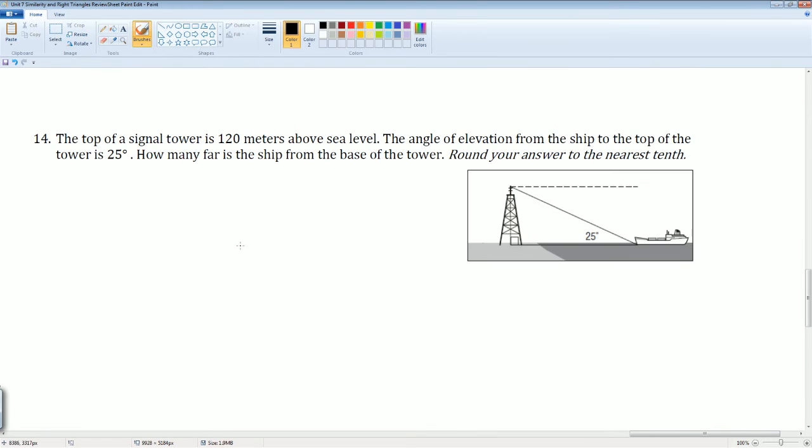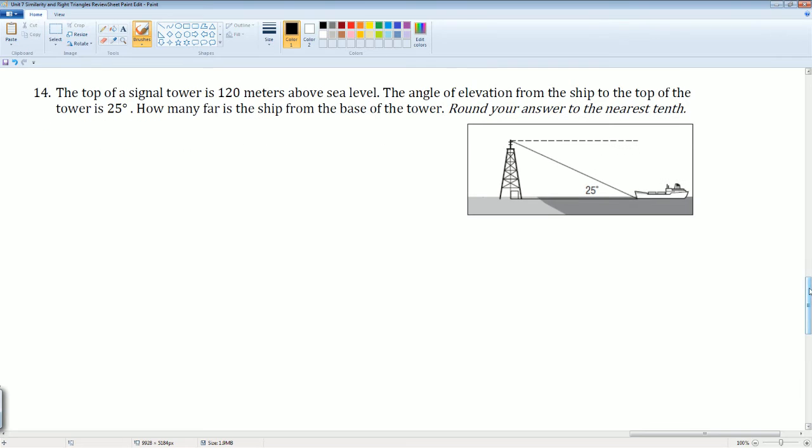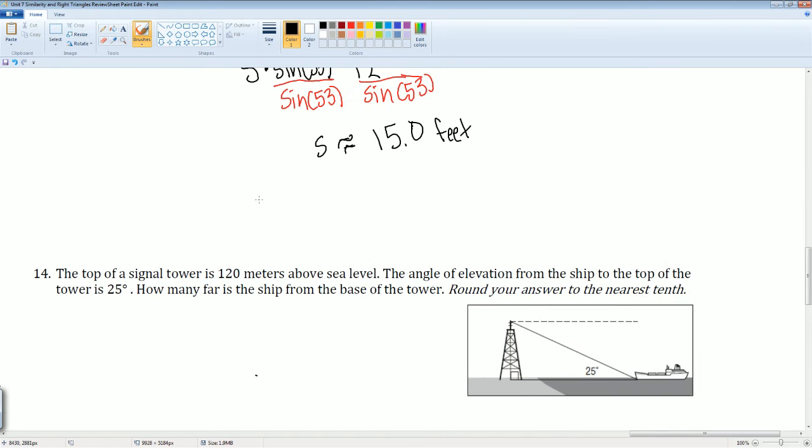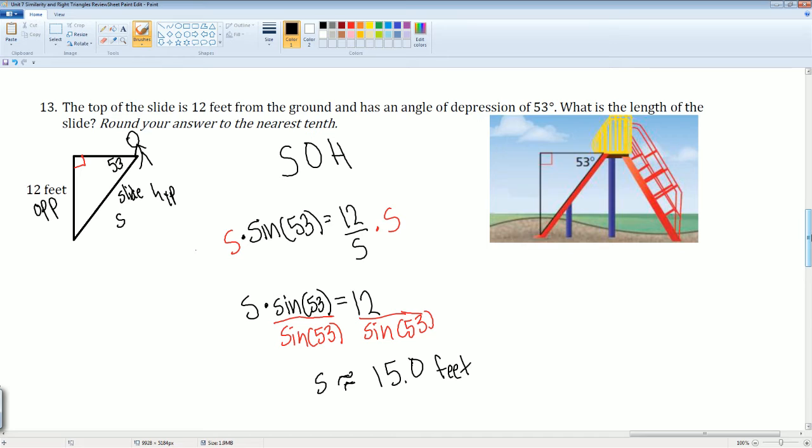Let's look at 14. This is one long slide. You wouldn't want to go on it. You would fall. I'm just laughing. Hold on, this is funny because I made this question. Oh my god, this is hilarious.